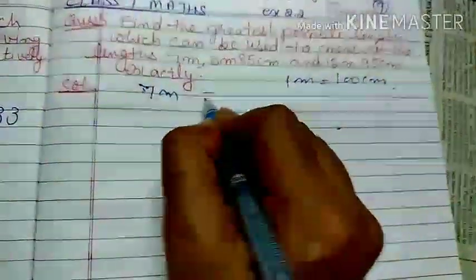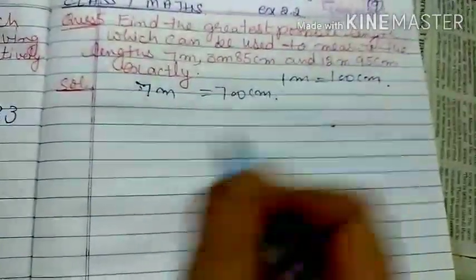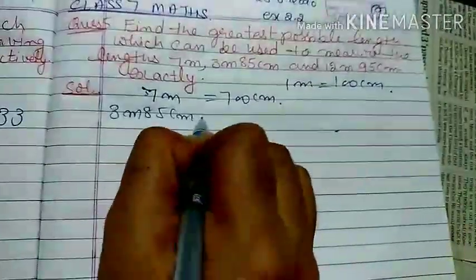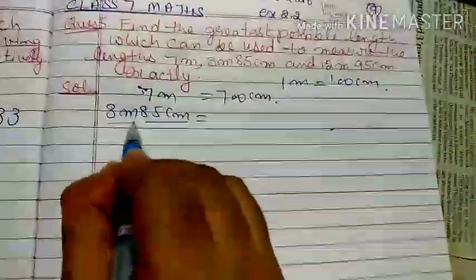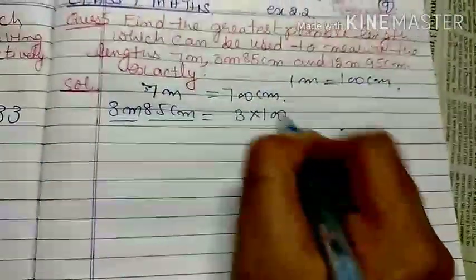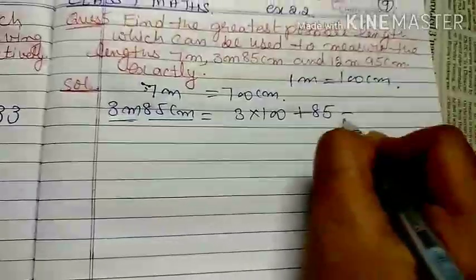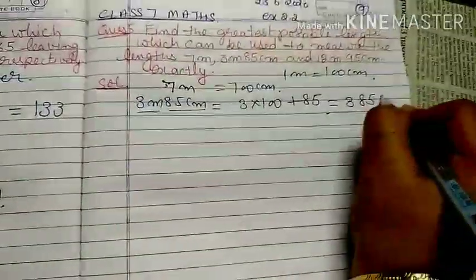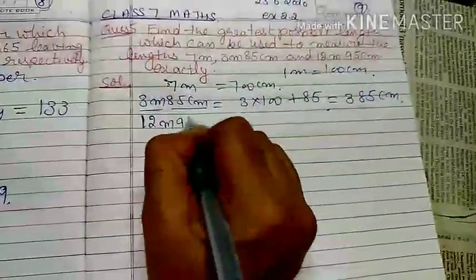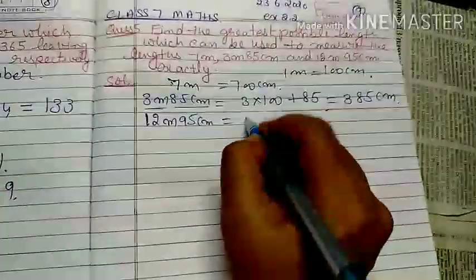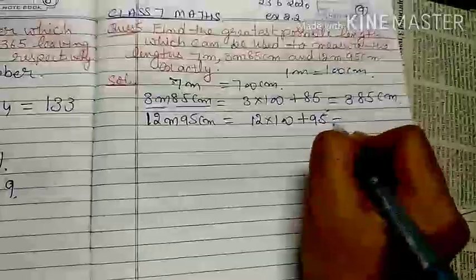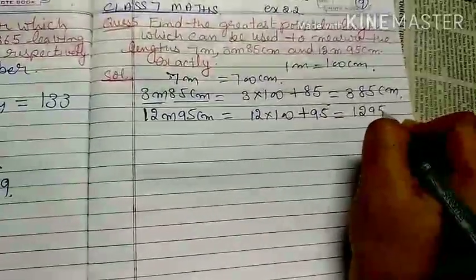So 7 meter means 700 centimeters. Then 3 meter 85 centimeter: you only have to convert the 3 meter, that is 3 into 100 plus 85, equal to 385 centimeters. Next, 12 meter 95 centimeter gives you 12 into 100 plus 95, equal to 1295 centimeters.